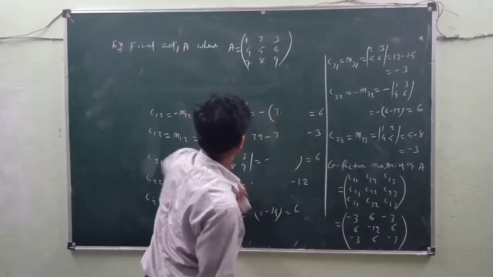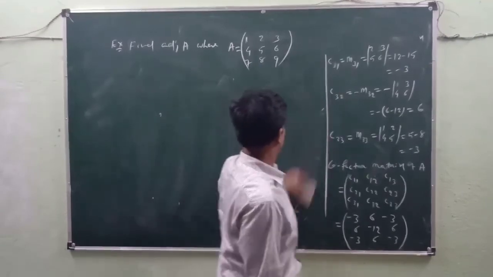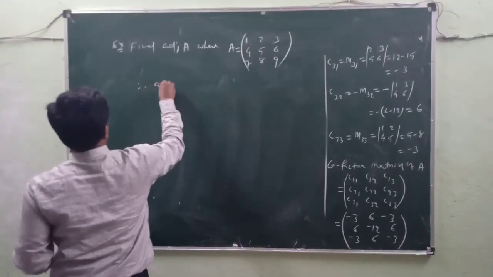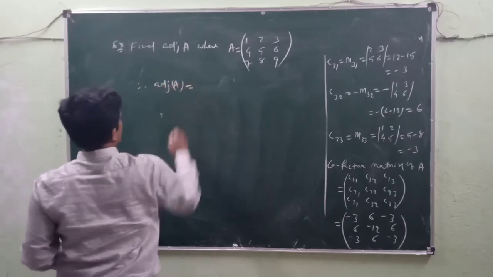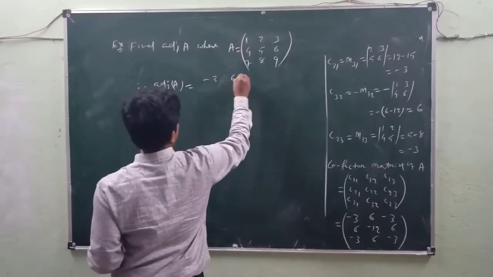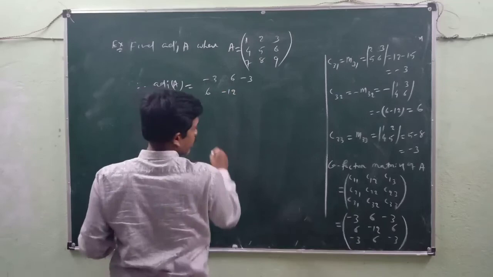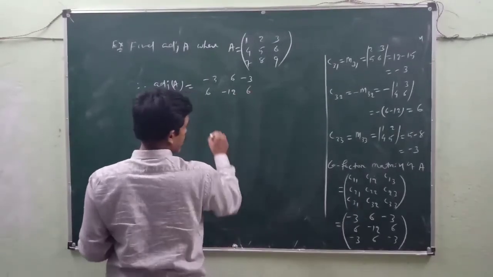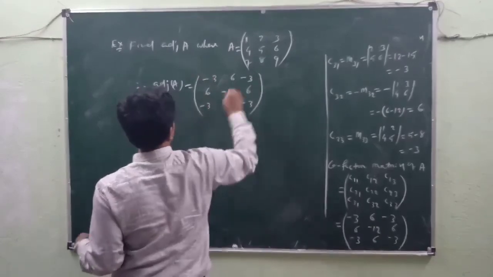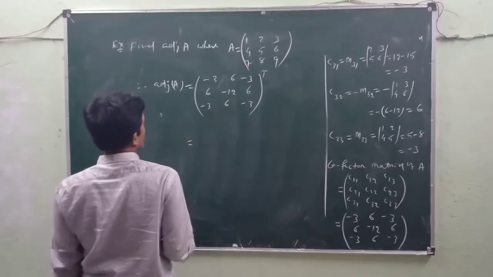After finding the cofactor matrix of A, we find the adjoint of A. The adjoint of A will be the cofactor matrix transpose. That means the matrix with rows minus 3, 6, minus 3; 6, minus 12, 6; minus 3, 6, minus 3, with a transpose, write a dash or T, that depends on you.